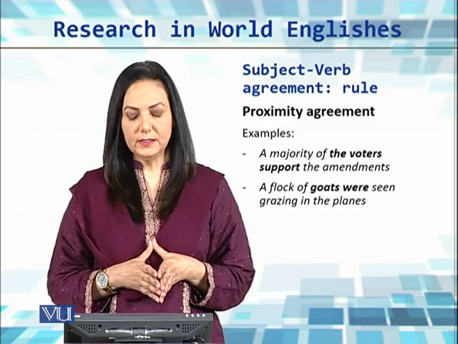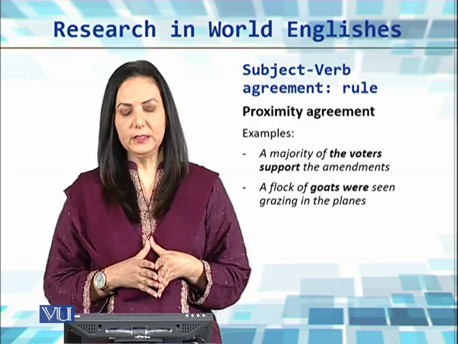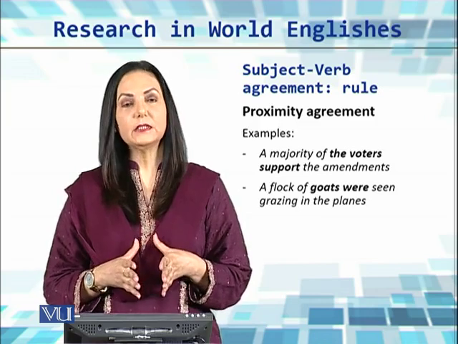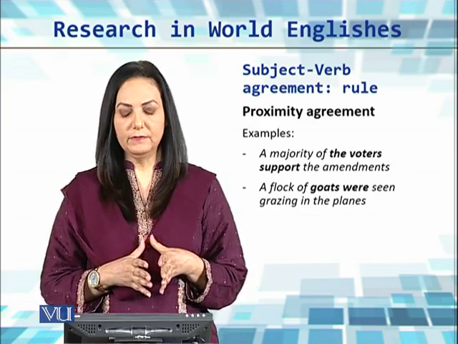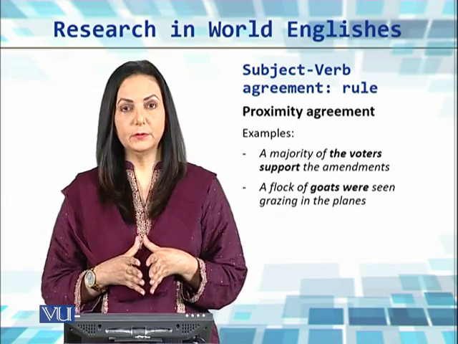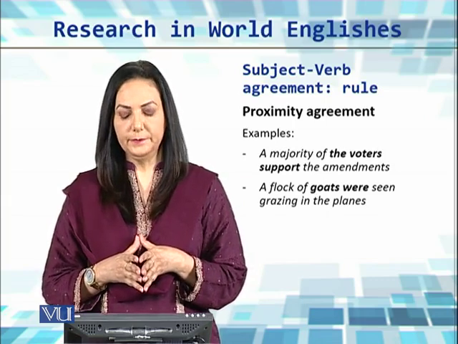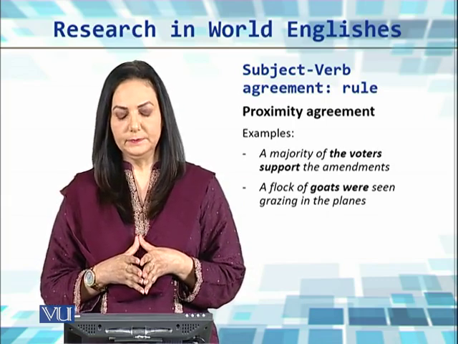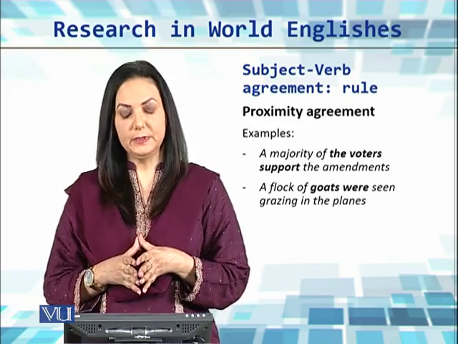Similarly, the next sentence: a flock of goats were seen grazing in the plains. The real subject of the sentence is a flock. But because a flock is farther from the verb were, the noun goats is closer to the verb were seen.